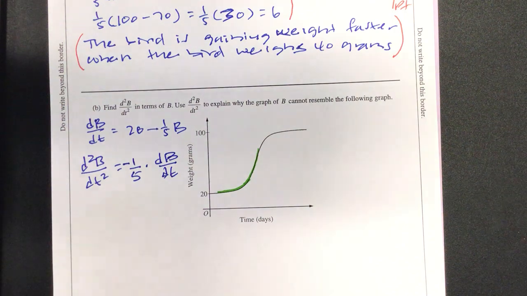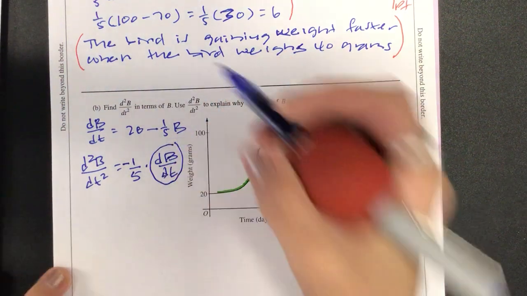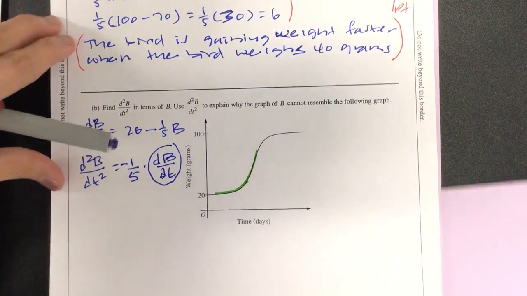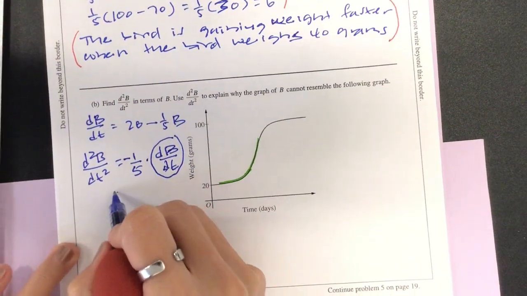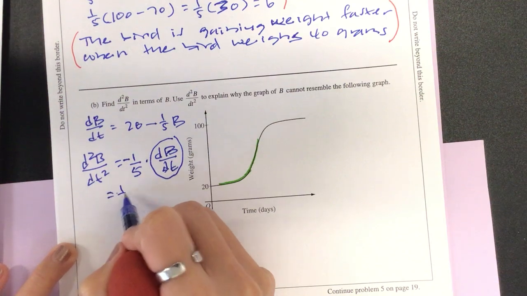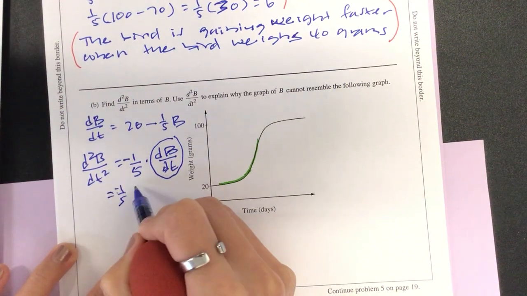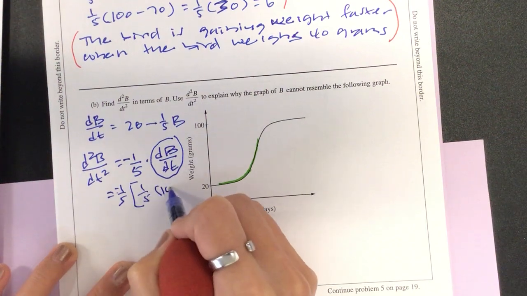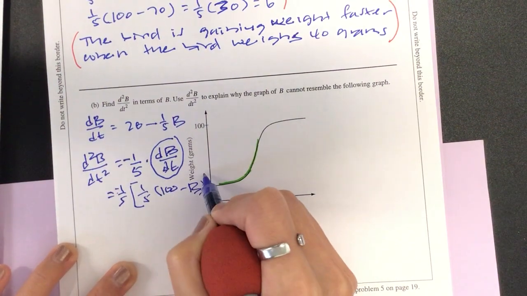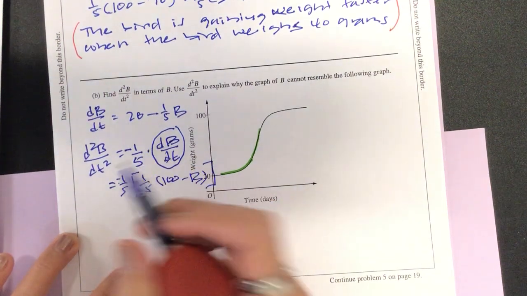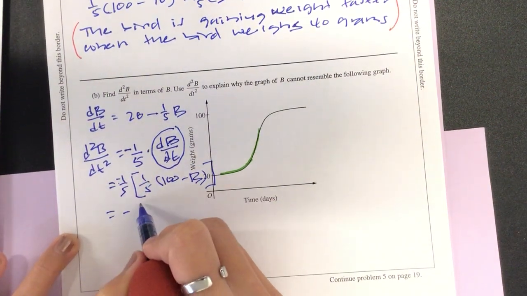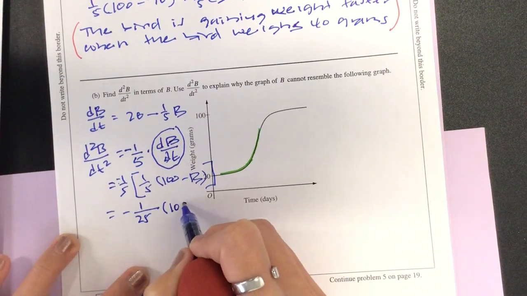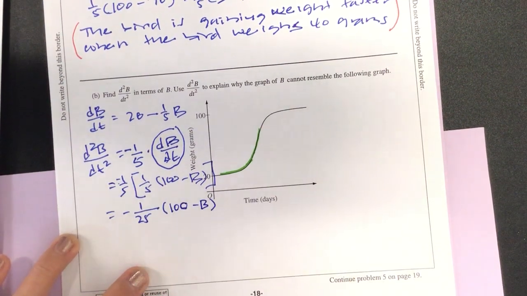So from there, don't I already have this given to us from the beginning? Yes. Let's fill it in. We have negative 1/5 times the original given rate, which was 1/5 times 100 minus B. Let's distribute: negative 1 over 25 times 100 minus B. And let's find the possible point of inflection.